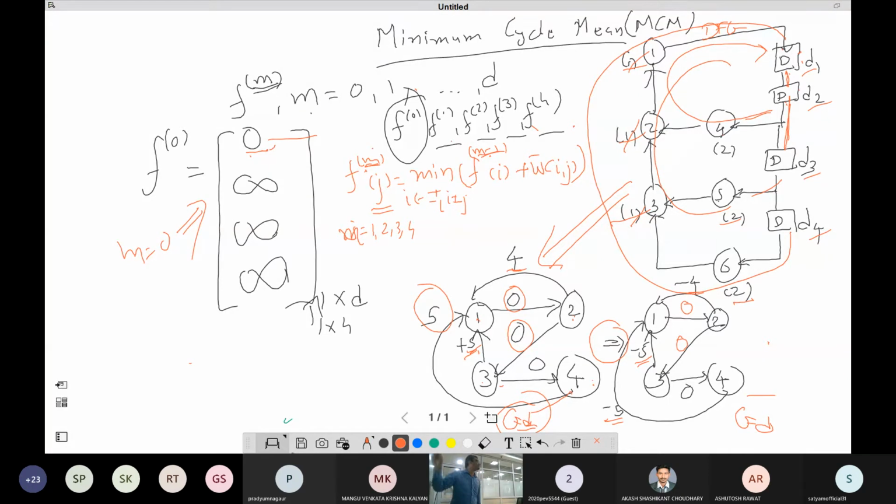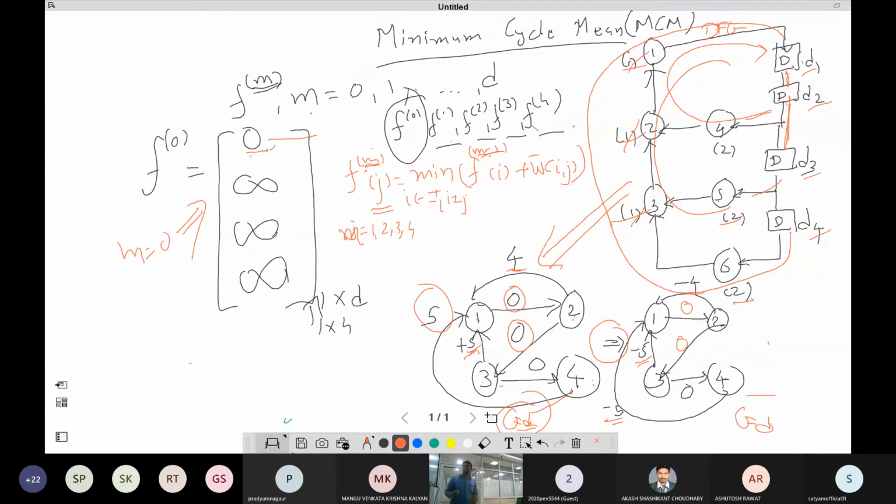Maybe you can take the last one as 0 and the first 3 as infinite. Maybe somebody wants to take the second as 0, and the first, third and fourth as infinite. It will work. As long as 3 elements are infinite and only one element is 0, your initial vector is valid and you will get the same answer at the end. There is no difference.